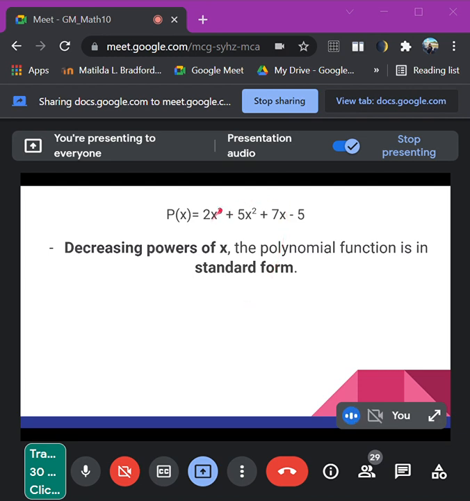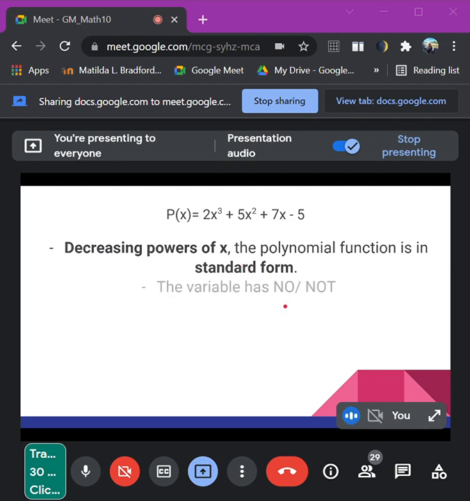As you can see here, it goes from 3, 2, and then 1, which is not written, and then the constant. That is your standard form. It's the same as with polynomial equations. You just arrange the exponents from highest to lowest.